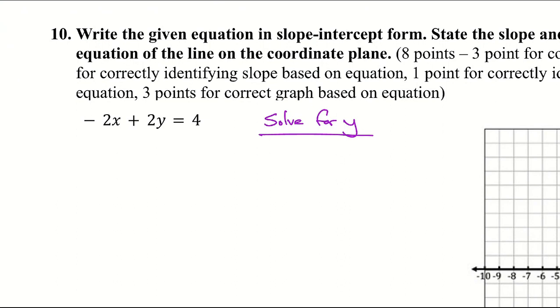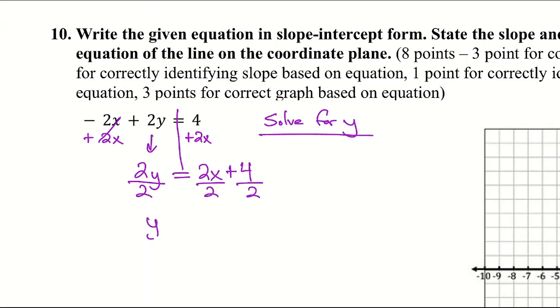So the first thing that I will do is add 2x to both sides. 2y comes down. 2x and 4 cannot be added because they are not like terms. So we'll do this. And then my last step is to divide by 2.